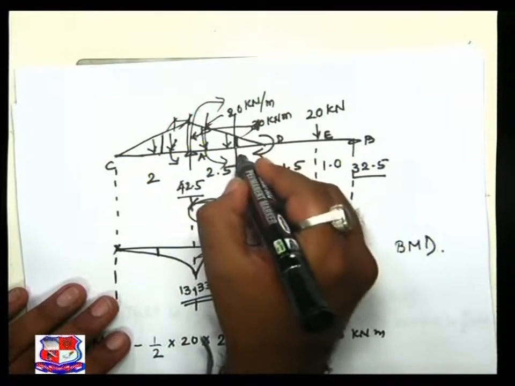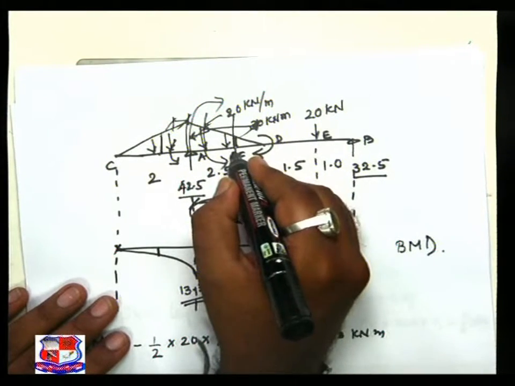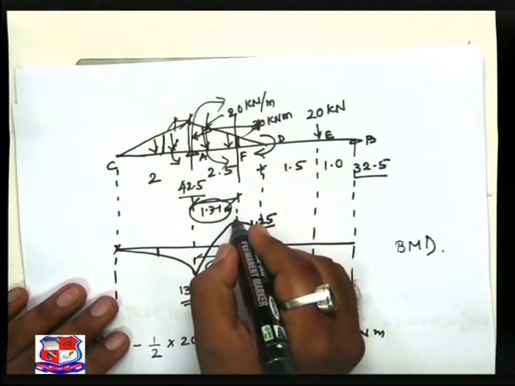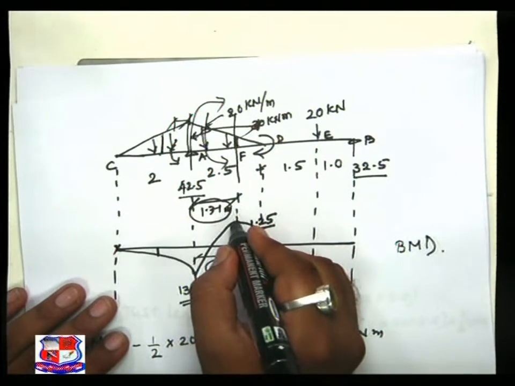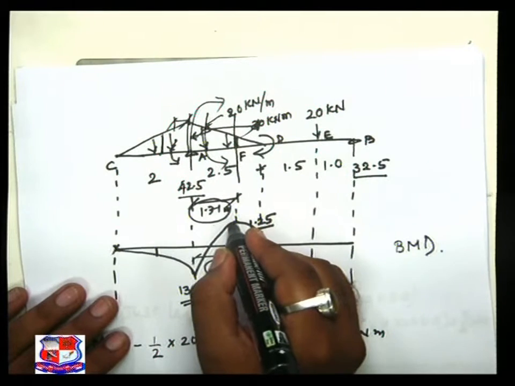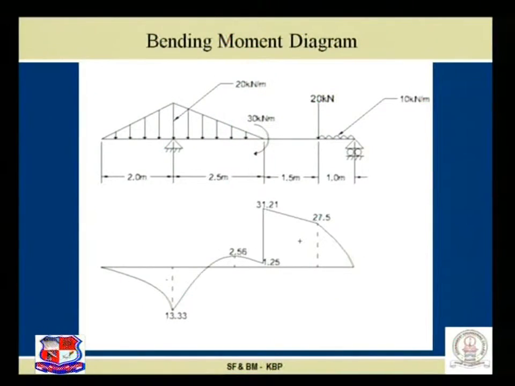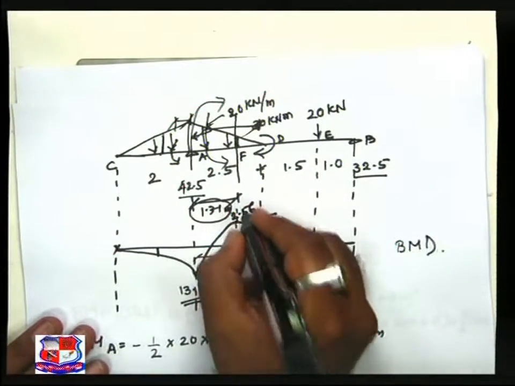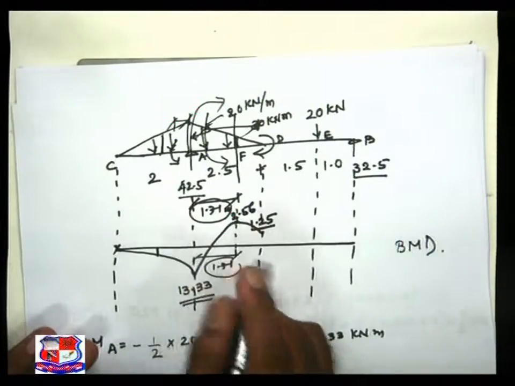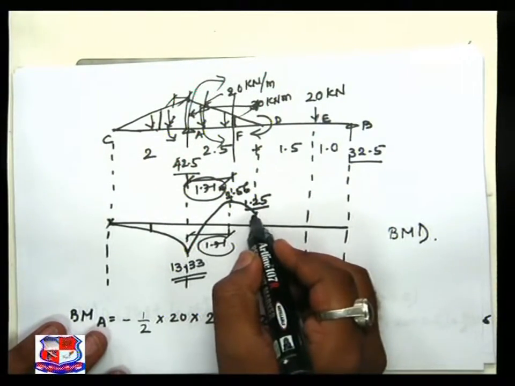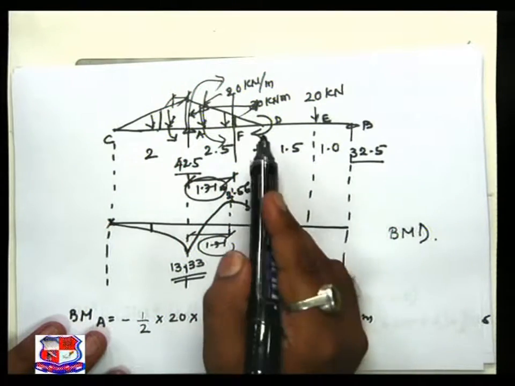The name of the section is F, and that ordinate we can find out over here. I wish you can do it by yourself. Let the answer for this diagram be 2.56. So we can achieve the bending moment value up to the point D.